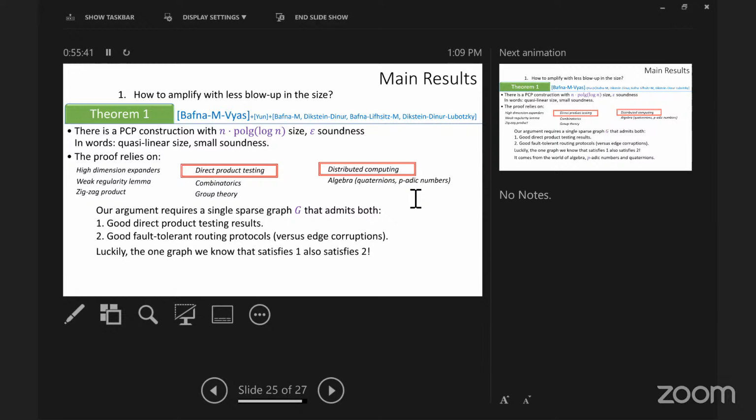Somewhat luckily, I only know of one example of a graph for the first, maybe 2. Probably there are more, but as far as we know, there is only 1 known construction. And I know of only 1 construction that has good routing. And luckily enough, it's the same one. So we use that, and this is a main component in our proof. I wish I could tell you exactly what this object is, but it's some periodic stuff.